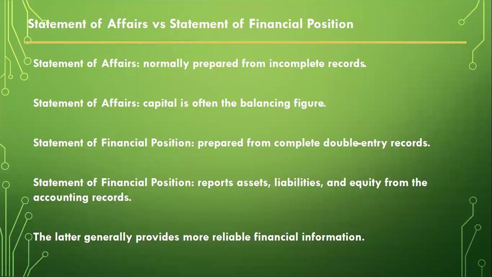While your financial statement, or your statement of financial position, is prepared where you have a complete double entry record, and it is always presented last. That was why initially you will see me interchanging it for your final account.